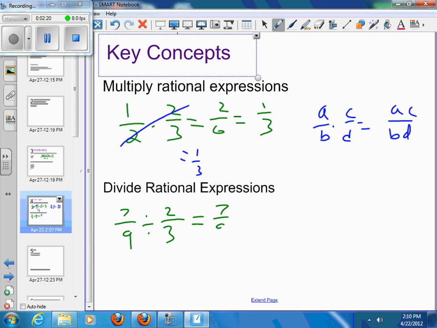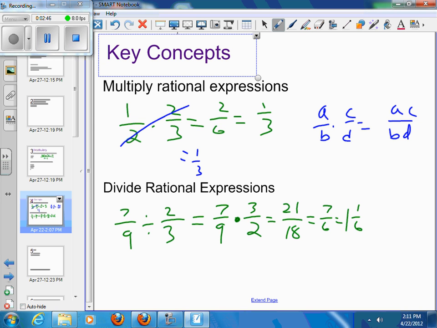We copy down the first one, change the division to multiplication, and flip the second fraction. Then you can multiply straight across and get 21 over 18. They are both divisible by 3, so you end up with 7 over 6. And then you could make it 1 and 1/6 if you wanted to.